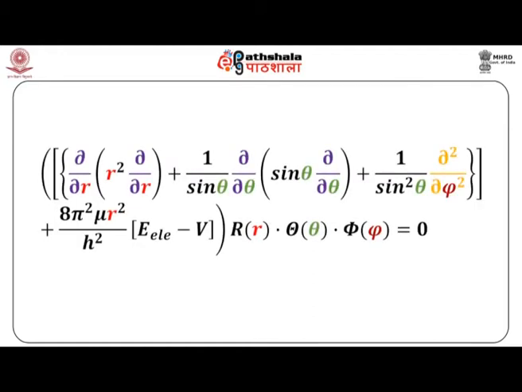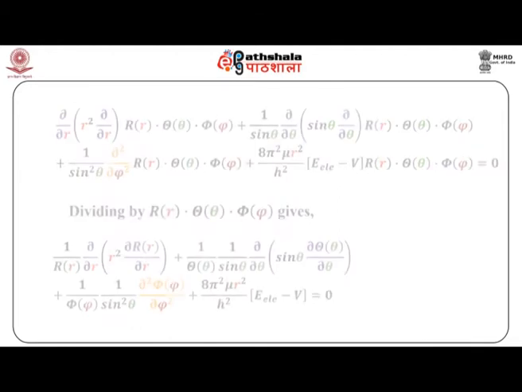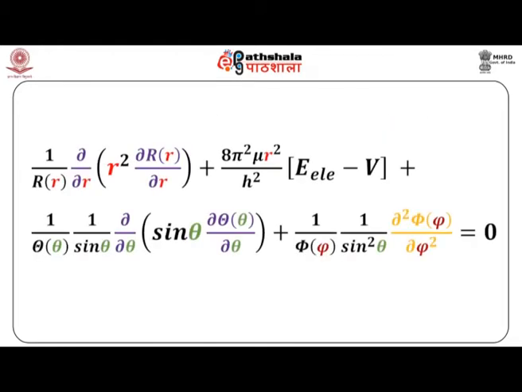If we make this substitution in this equation, we get this equation further simplified, and further simplification of this equation, as you can see here, leads us to split this equation in polar coordinates into the corresponding 3 parts.